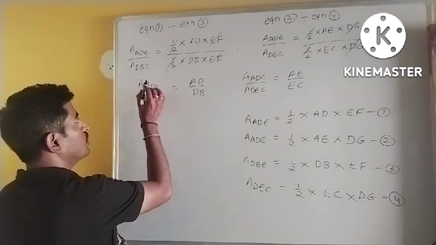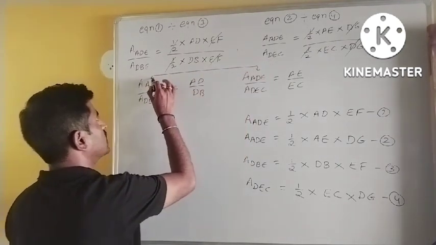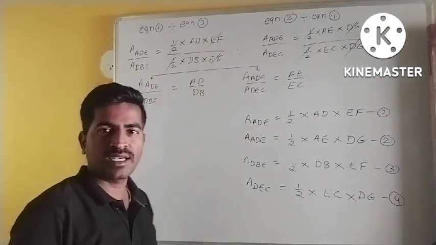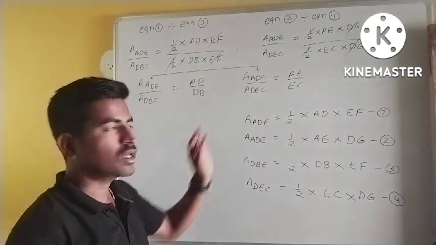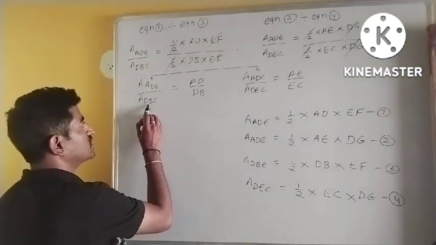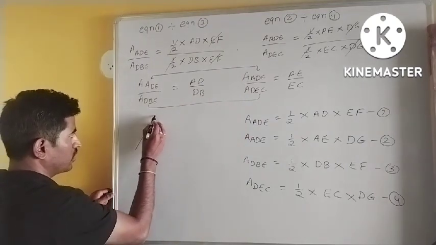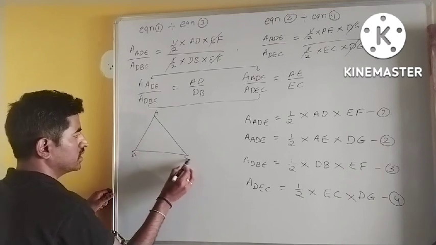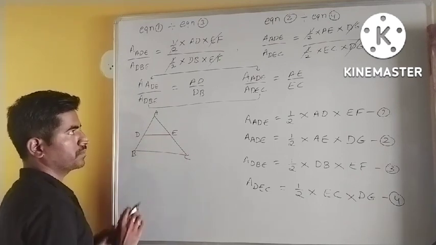So now if you compare the triangles, that is the numerator side, area of triangle ADE and area of triangle ADE, they are the same, because it is the same triangle and the same area. Now compare the other two triangles. See what the figure was: in triangle ABC, DE was the line parallel to BC.